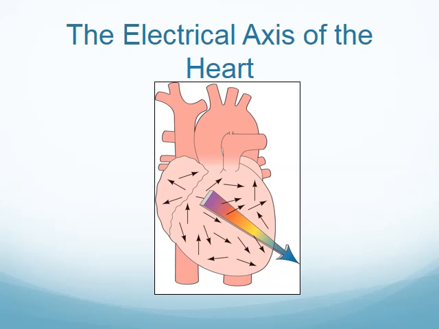So it goes from up here at the right arm and down to the left. This is going to be the average flow, or average direction, of electricity's path through the heart. If you remember how our path of stimulus goes, it starts up here and then works its way down this way, right? So that's the average path of flow of electricity, and this comes into play as we talk about our vectors in our EKG leads.